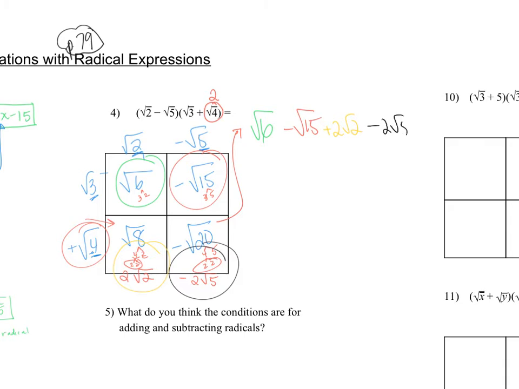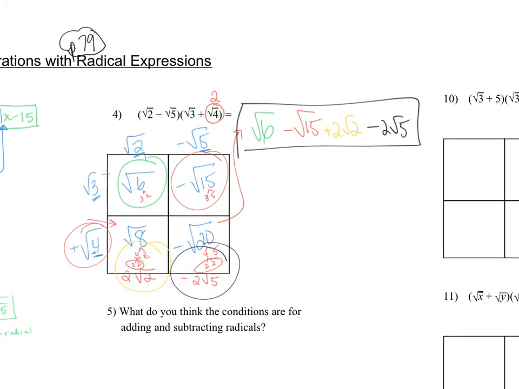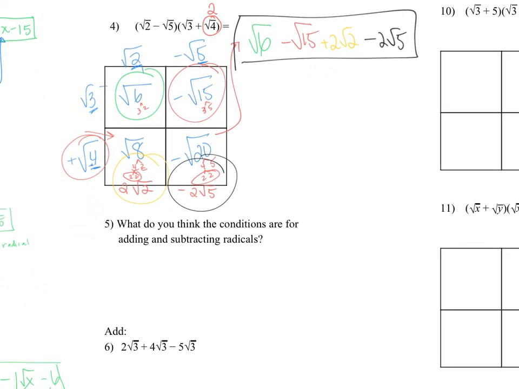Here I don't have any terms that could combine together because I don't have any like radicals. So in order to add and subtract radicals, just like we add like terms, we have like radicals.